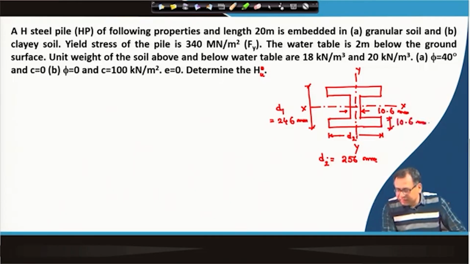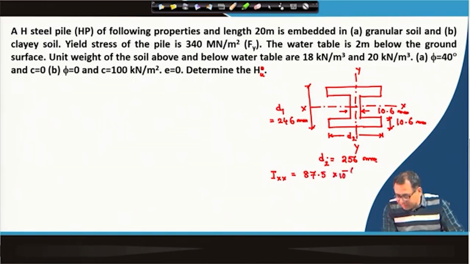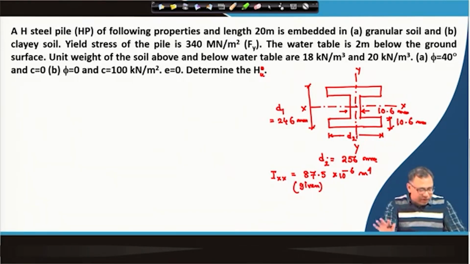All the values are given for a particular section. The moment of inertia of this section about the x axis is also given: 87.5 into 10 to the power minus 6 meter to the power 4. All the values that I have written are given.